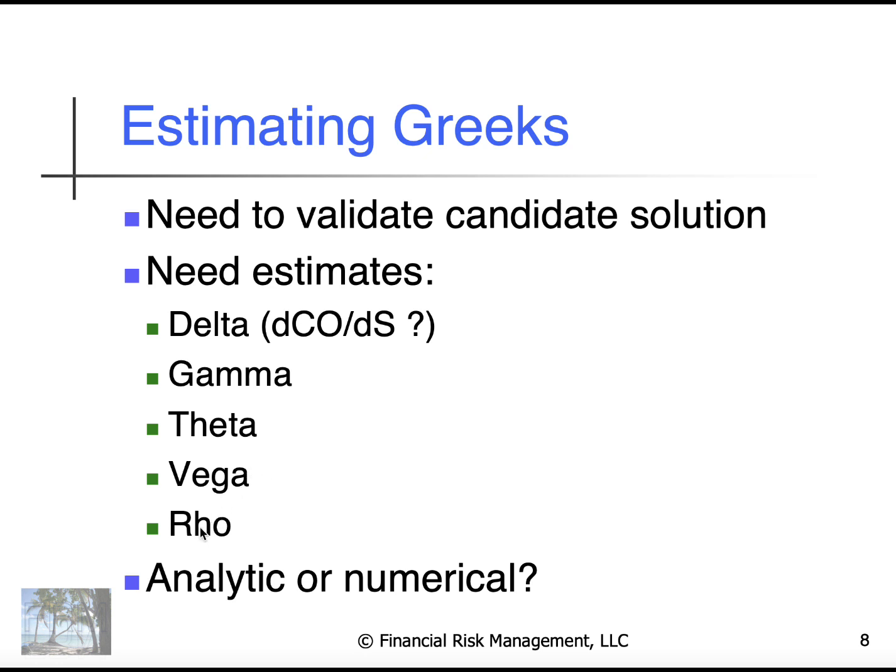Rho is a sensitivity to changes in interest rates. Well, analytic or numerical, one reason to build out numerical is just to validate that your analytical answer is correct. And so another valid reason to do numerical is when you don't want to take the time and effort to actually derive the analytic solution.